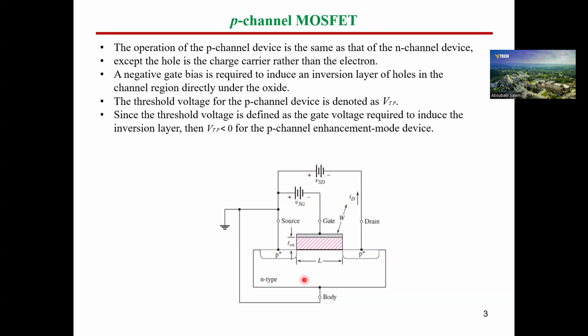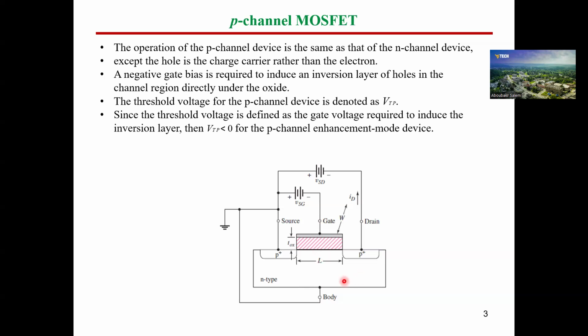But here, as you can see, we will now have P parts for the drain and source. So this is going to be hole concentration for the source and drain, instead of electron concentration for the N-channel MOSFET. And this means the channel that will be created here between the drain and source will be P-type or P-channel, not N-channel like in the N-channel MOSFET. So this is the difference.